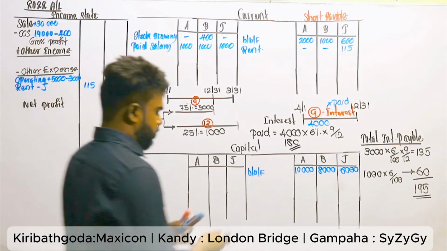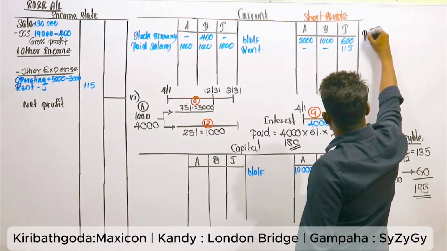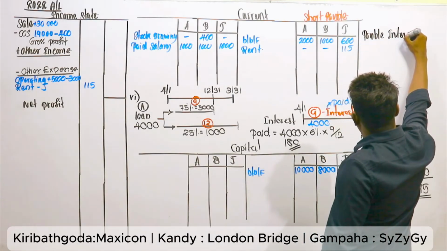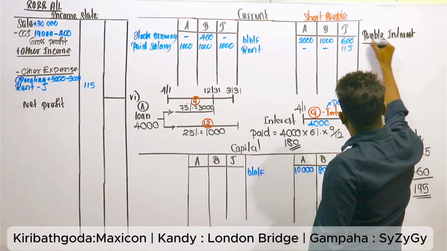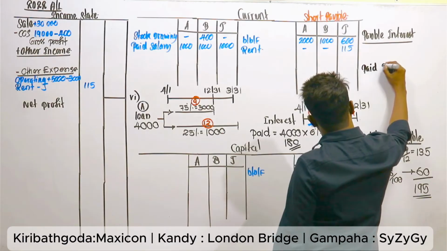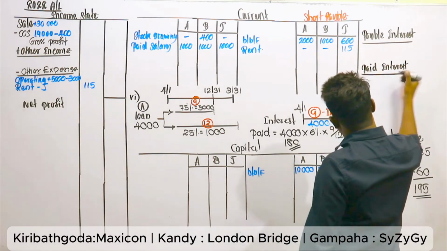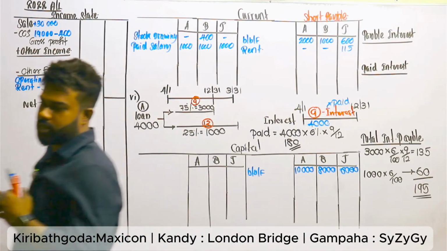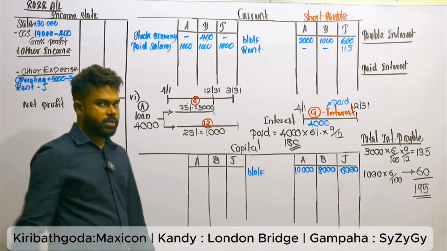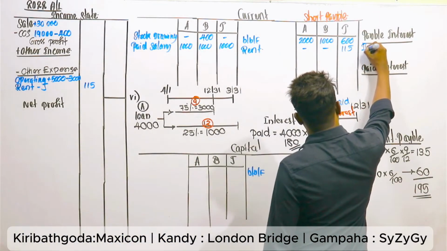Write down first of all. Then I'll write down two double entries here. Payable interest and paid interest. Both you have to record. Therefore, normally my total interest is payable, so it is interest expense.